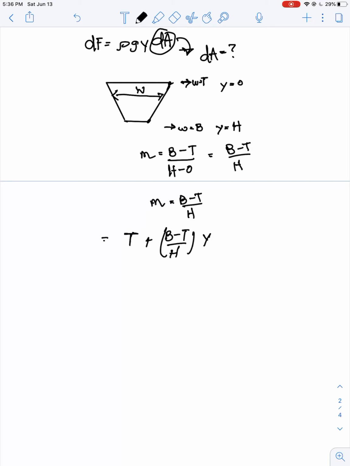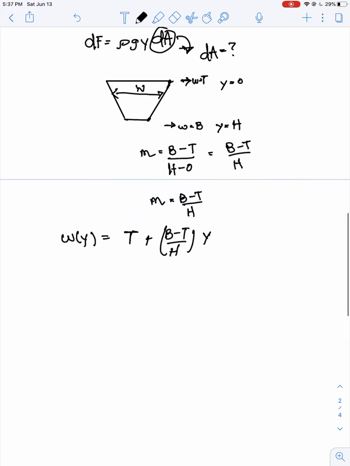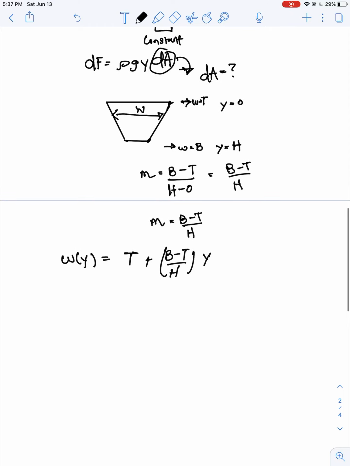This is how the width changes with the depth, w of y. So now, since we have an exact equation that represents the changing width, now we can write something for dA, the area that changes from here to here and so on.